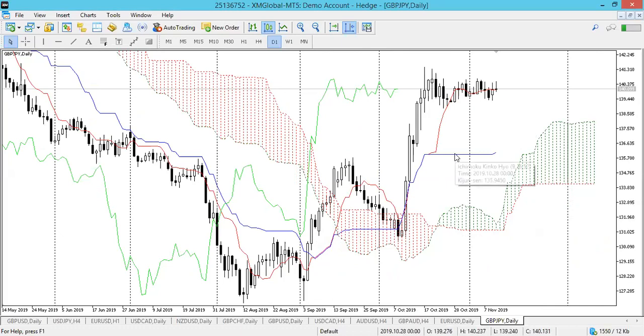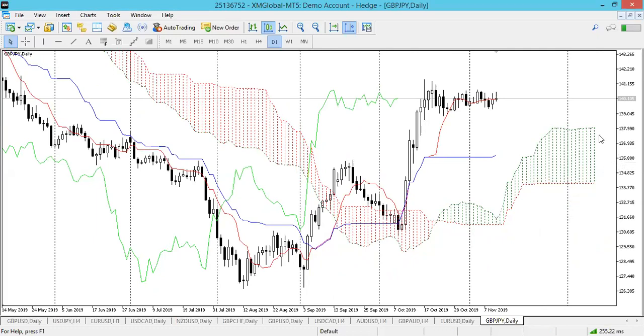No? Number three, ang ginagawa din ng cloud is it also provides you a glimpse of future supports and resistances. So kung nahihirapan kang maghanap ng supports and resistances, you can actually use that cloud. So for example, clearly your pound against the Japanese yen is in an uptrend right now. No? So malinaw na uptrend siya ngayon. No? So ano pwede natin gawin?